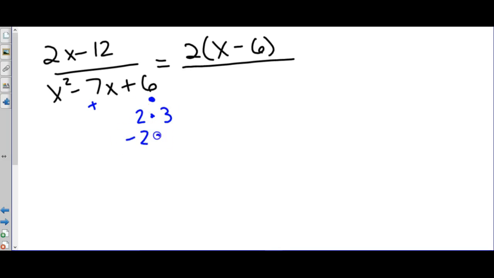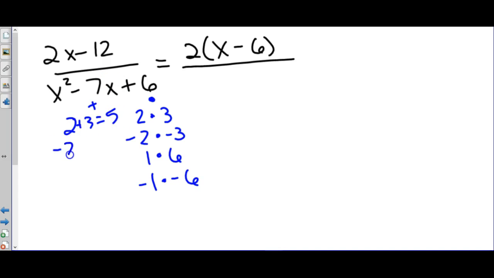I know negative 2 times negative 3 would be positive 6. I also know 1 times 6 would be positive 6, and negative 1 times negative 6 would be positive 6. These are all our possible combinations. So now we're going to check, do these add to be negative 7? And you can probably see the correct one right off.